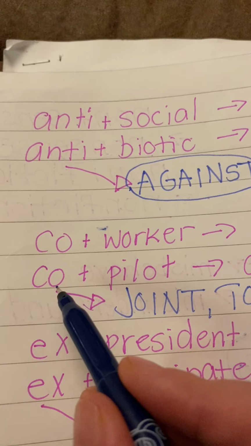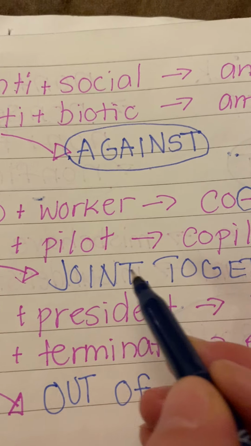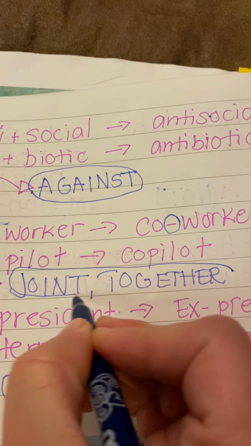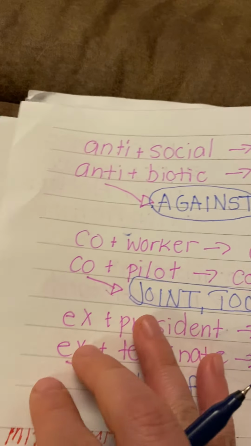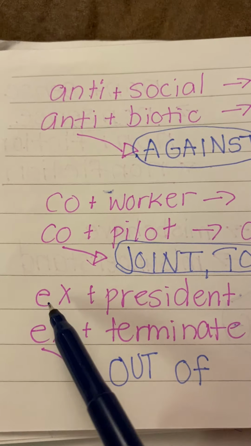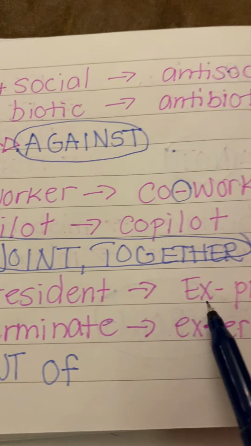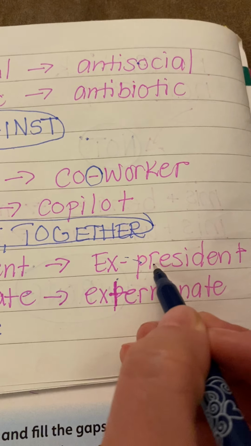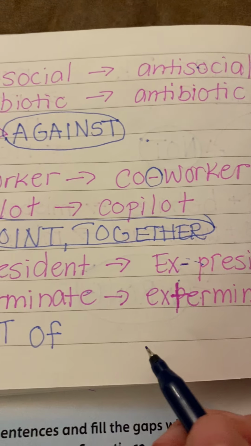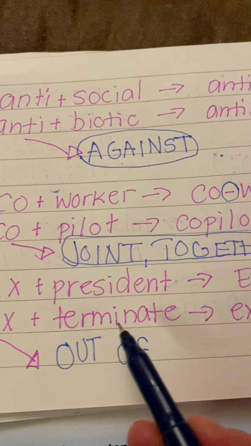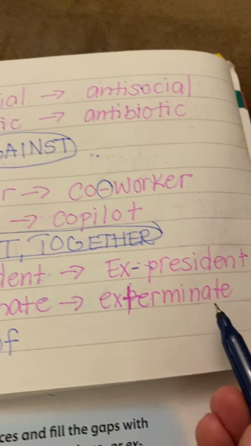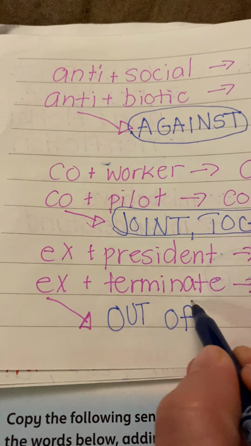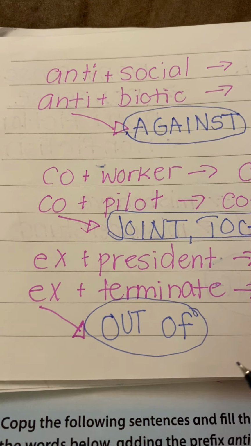Okay, so the prefix co means joint or together. Then our last prefix is ex. Ex plus president, you get ex-president. Here's another hyphen word, ex and president. You get a hyphen in the middle. Ex plus terminate, we get exterminate. So the prefix ex means out of or out from.